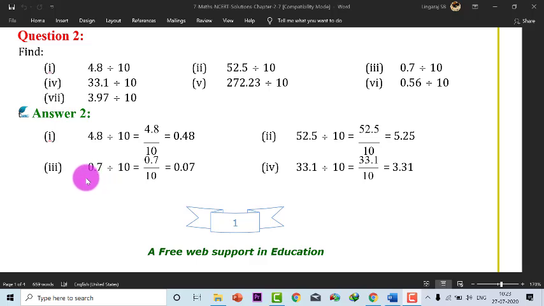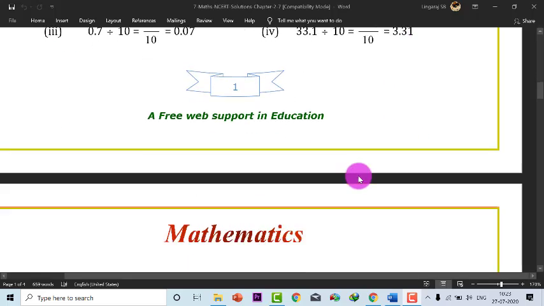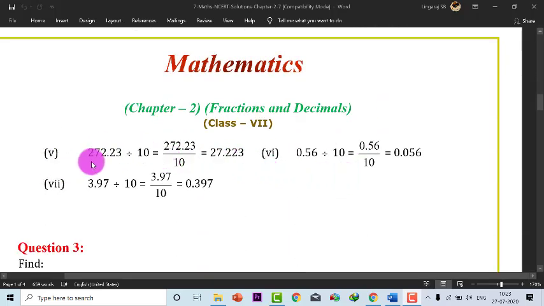The third question, 0.7 divided by 10, 0.7 by 10. So here the point moves one place. So the answer is 0.07. The fourth one, 33.1 divided by 10. So 33.1 by 10, the point moves one place. So the answer is 3.31. Next we move to question number 5. 272.23 divided by 10.